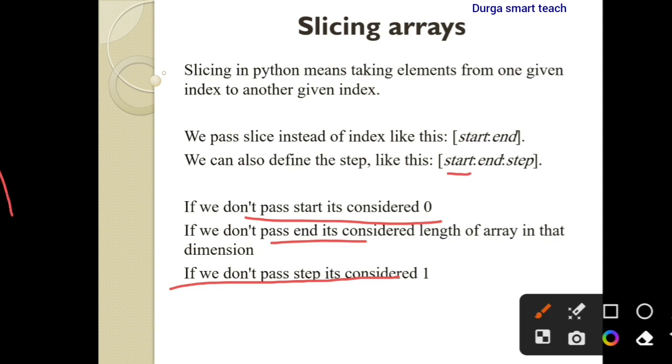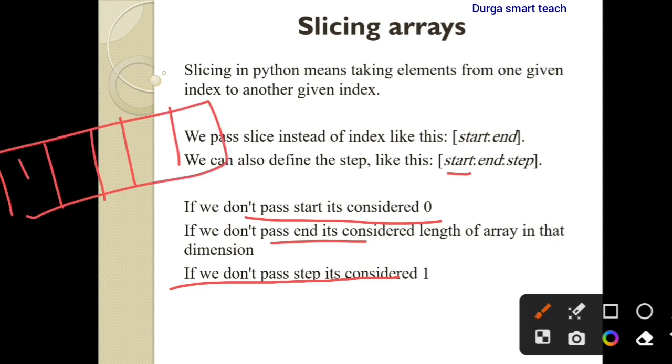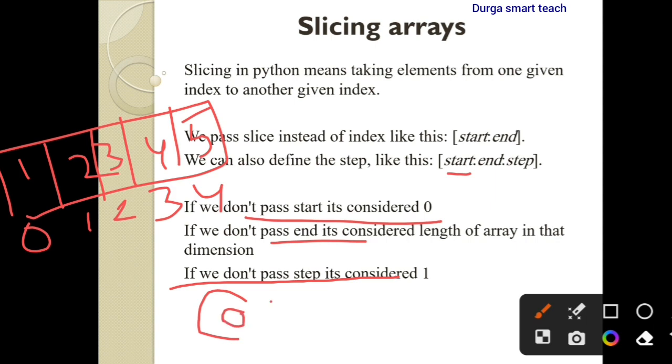For example, the array has a total of 5 elements: 1, 2, 3, 4, 5. The index values are 0, 1, 2, 3, 4. I want to access from index 0 to index 3. For that purpose, you need to give the starting 0, and next, what is the stopping?